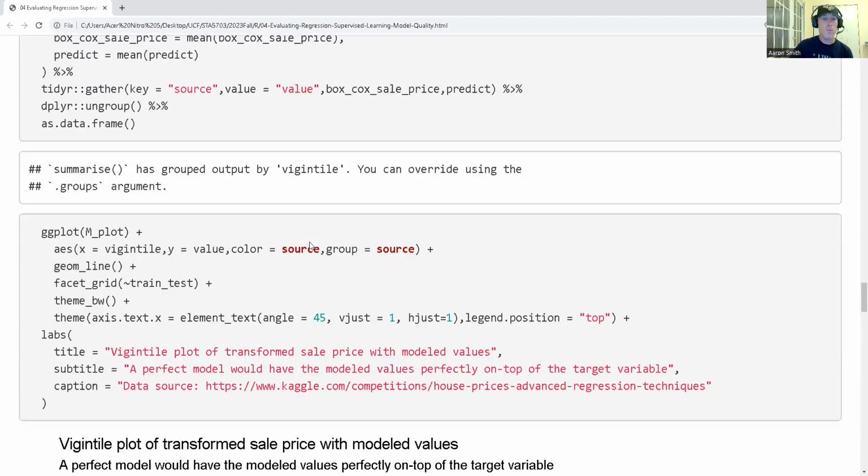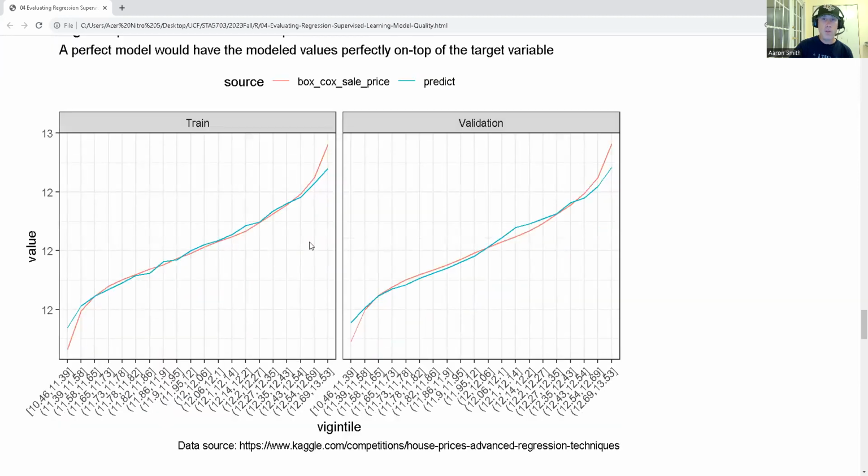And what we're going to do is, in each of those bins, so here, this is a bin of the target variable, I'm going to take all the rows of data that have target variable in this bin. I'm going to take the average of the target variable and the average of the predicted value. And you can see that I've done this for all 20 of these little buckets. What I want to see, ideally, if I had the perfect model, is the modeled line directly on top of the target variable line.